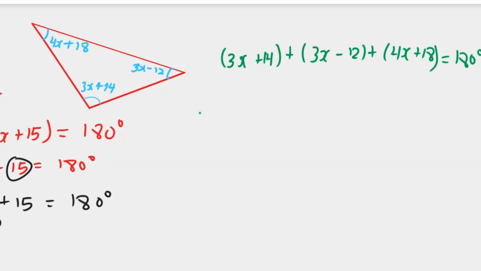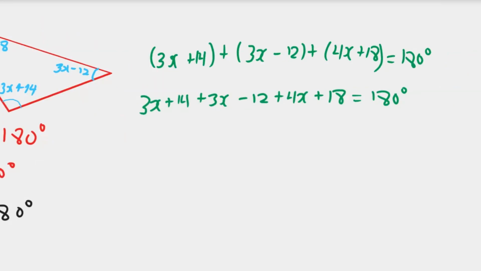So like we did in the second one, we're just going to remove the bracket. So we have 3x plus 14 plus 3x minus 12 plus 4x plus 18 equal to 180 degrees. So at this point, we have to collect like terms. 3x, this and that of this, they are like terms.